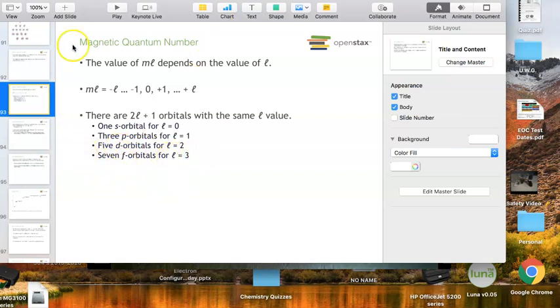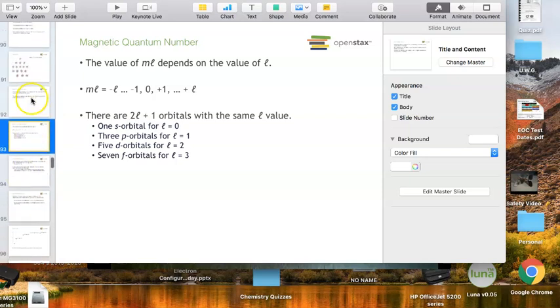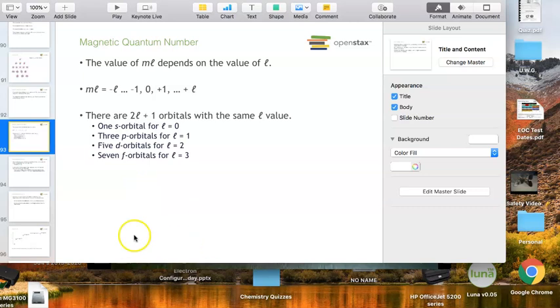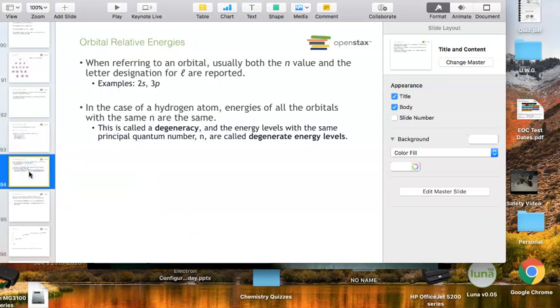When we talk about m sub L, we're talking about the orientation of the orbitals, which we looked at here in the orientations. This is all going to tie together in just a moment.